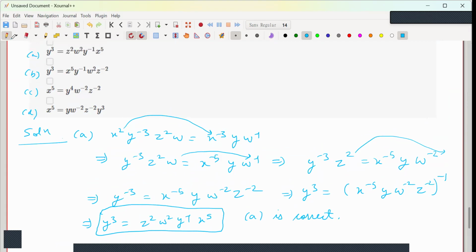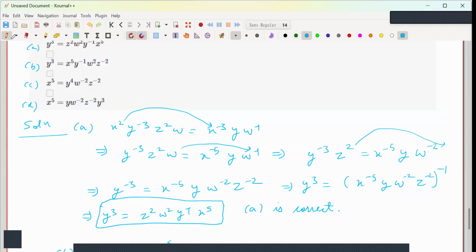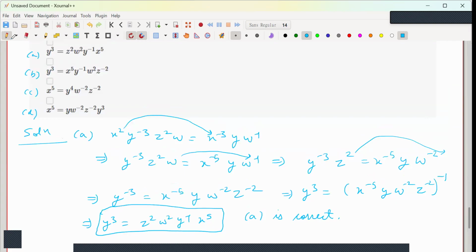You just write everything in the reverse order. Also, the power of z is changed here.